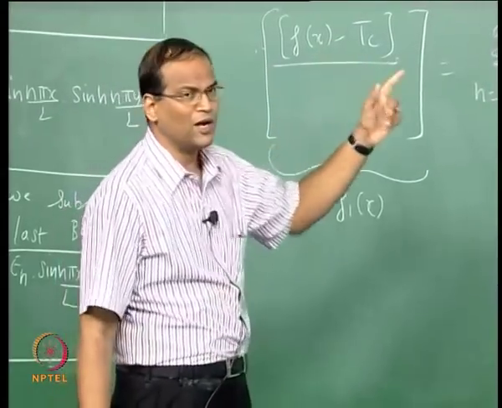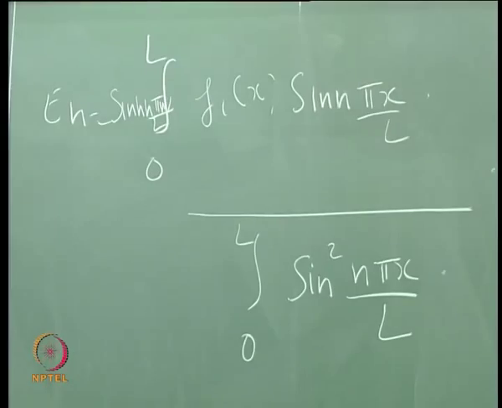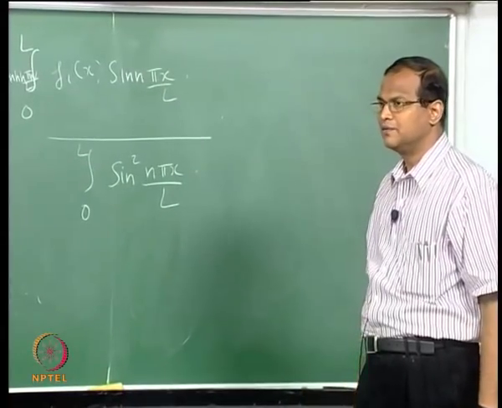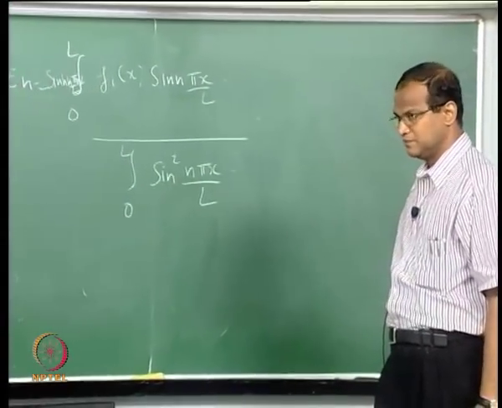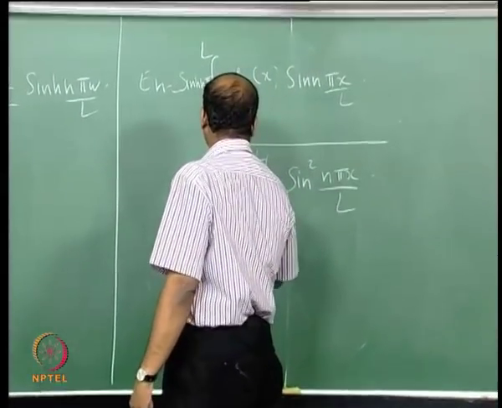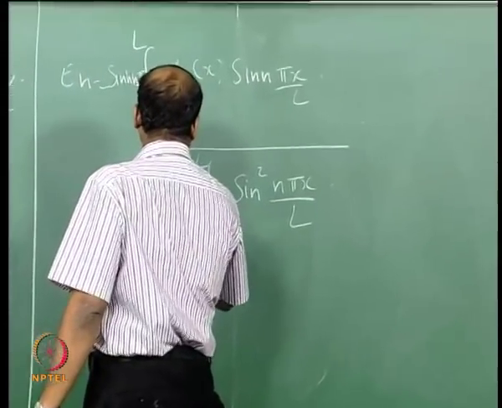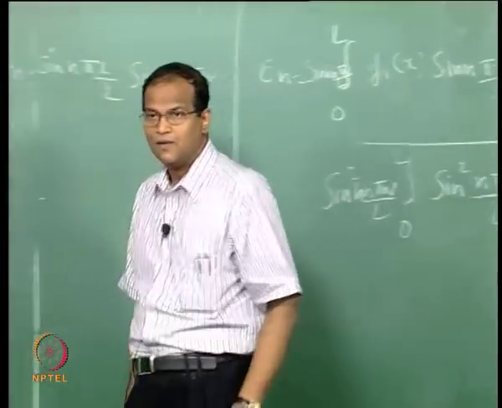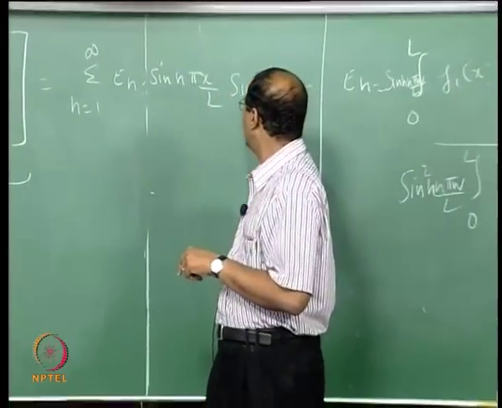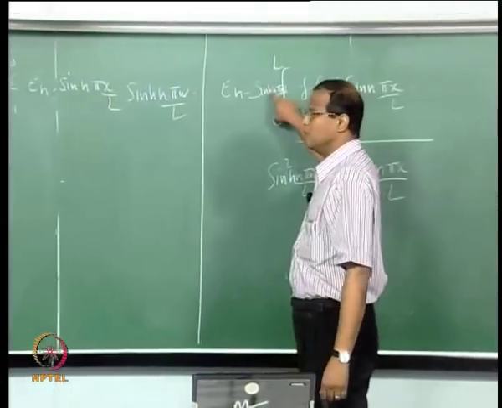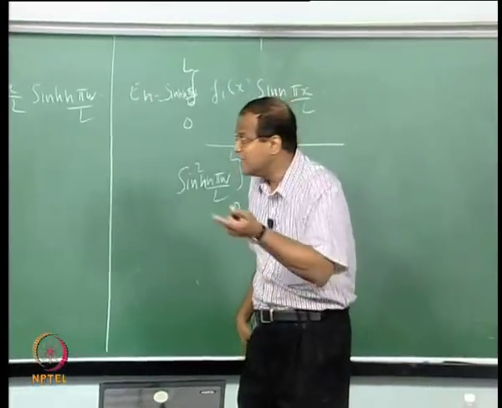Is it sinh n pi in the numerator or denominator, tell me? One more sinh will come, that will cancel out, so 1 by that will be there. We are taking Gn equal to sin n pi x by L into sinh n pi y by L. That square will come, so one will cancel out, so in the denominator only one will be there. Is that clear? Our Gn is not just sin n pi x by L, because that fellow has got an n, so it is multiplying the numerator and also the denominator Gn square.